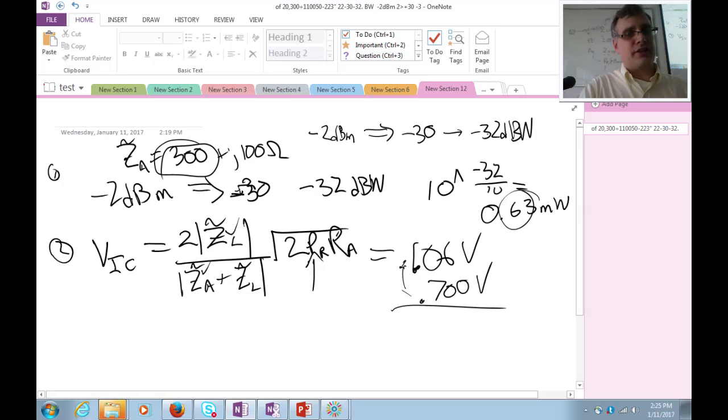So if I have -2 dBm, I subtract 30 to get dBW. If I had -2 dBW, I would add 30 and I would have 28 dBm. That 30 represents 3 orders of magnitude on the dB scale, right?